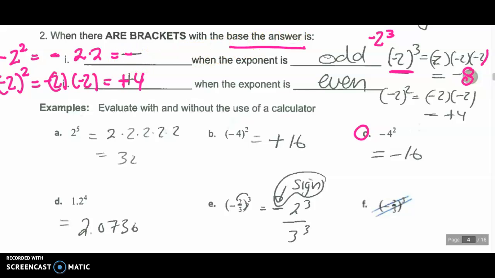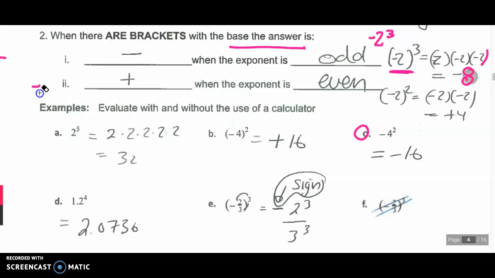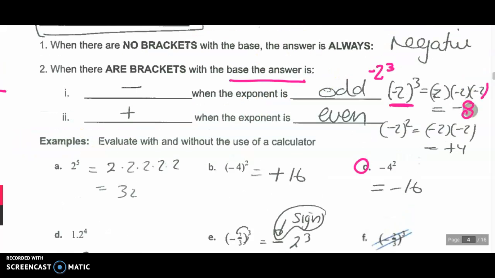If not, if you want to know the basic rules, it works this way. If there is no bracket, then your answer is negative, because it's the negative of an answer. If there is a bracket, if the exponent is odd, then you're going to have an odd number of negatives, and an odd number of negatives will get you to negative overall.